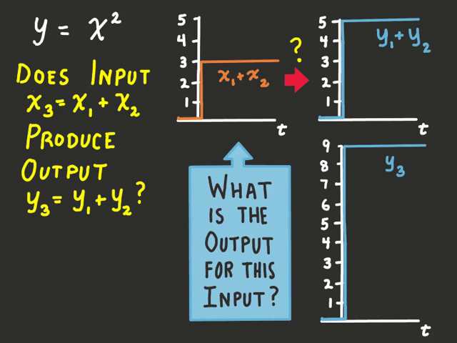If the input is a step of height 3, and the system is y equals x squared, then the height of this step, that is y3, should be 3 squared, or 9. So the actual output of this system is as shown in the graph in the bottom right corner of the page. It's not equal to a step of height 5.